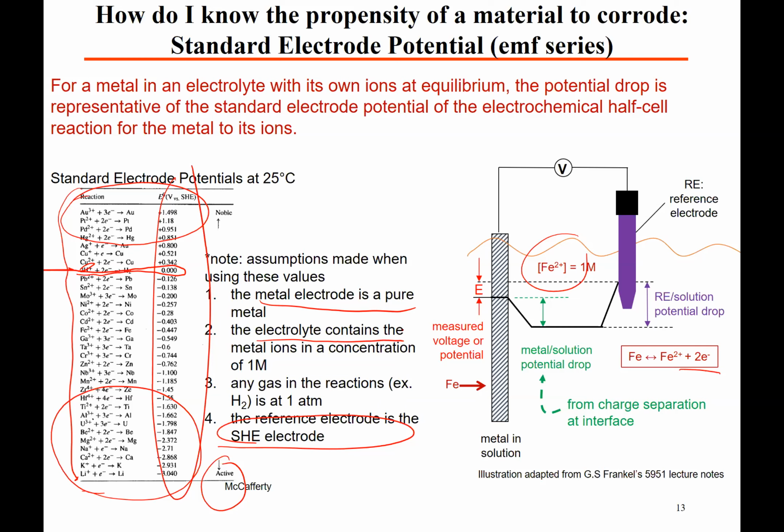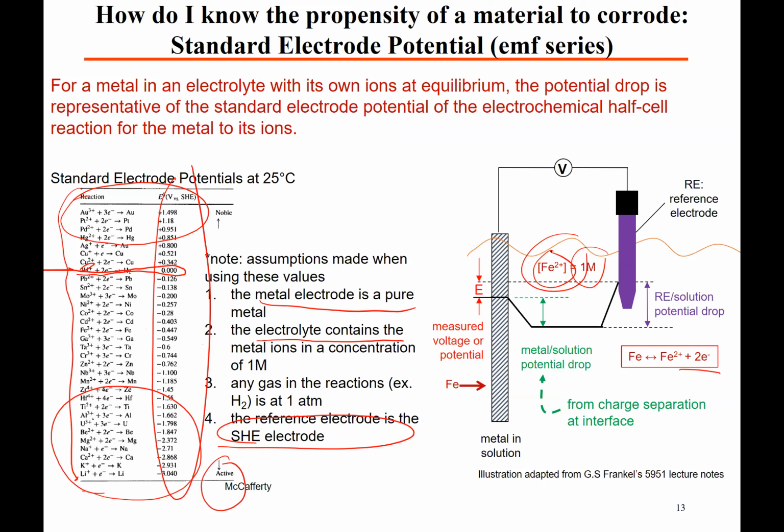For the electrolyte, we assume that the metal ions in the solution have a concentration of 1 molar. And 1 molar is 1 mole of that Fe2+ in 1 liter of solution. So that's by definition 1 molar.